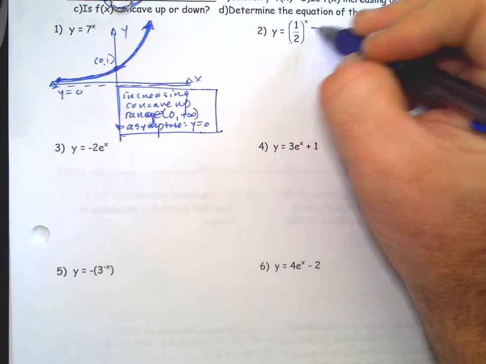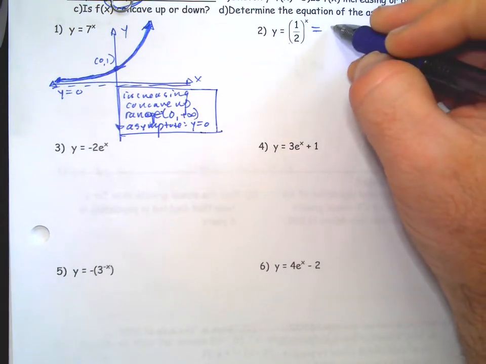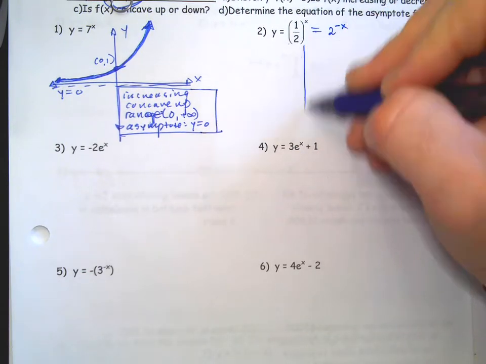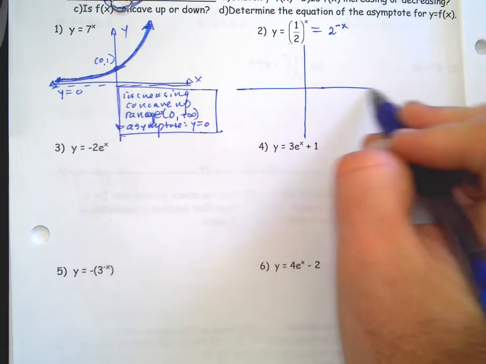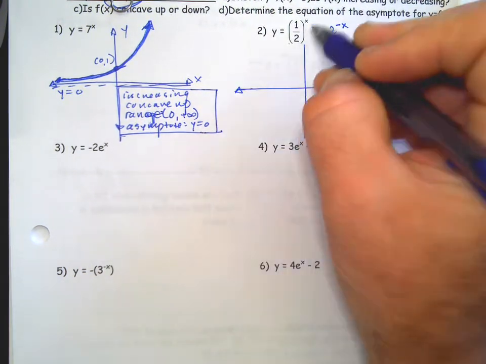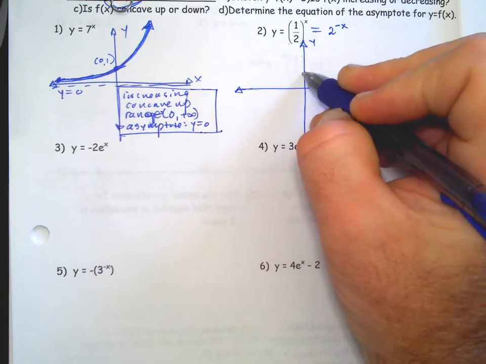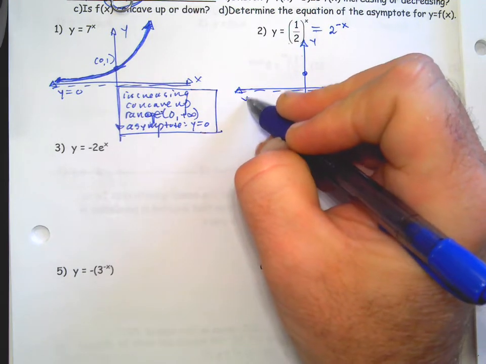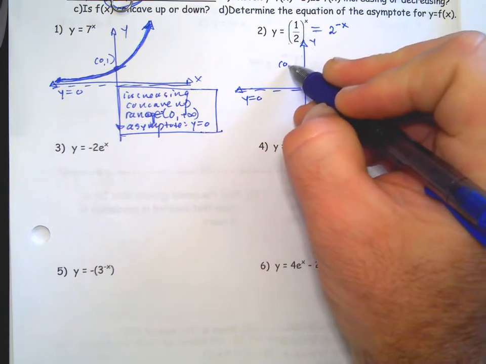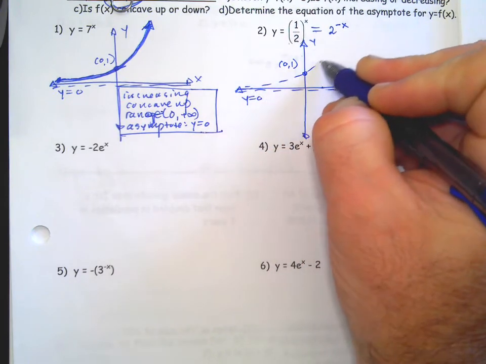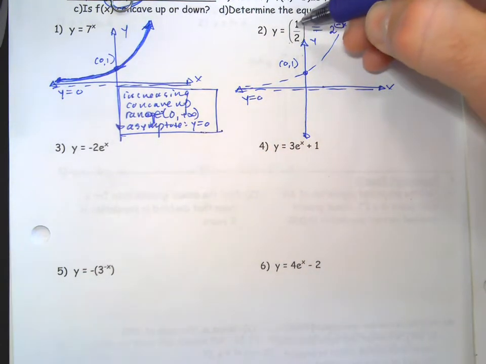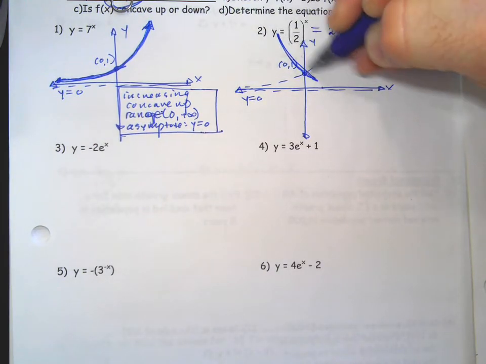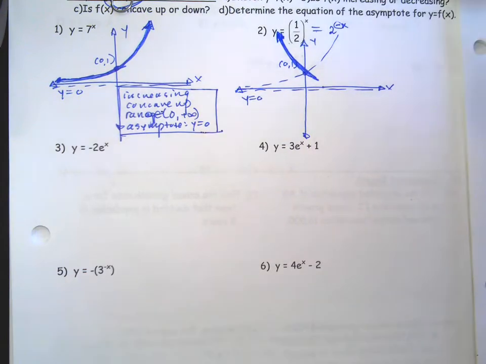Next one. Now, the next one, you could think of it as a decay because the base is between 0 and 1, or you could think of it like that, which I prefer to do. Then it just ties it in to the other graphs that I already know how to do. So I'm going to graph y equals 2 to the x first, with a lightly dashed line, and then the negative on the inside with the x of any kind of graph will reflect it across the y-axis.